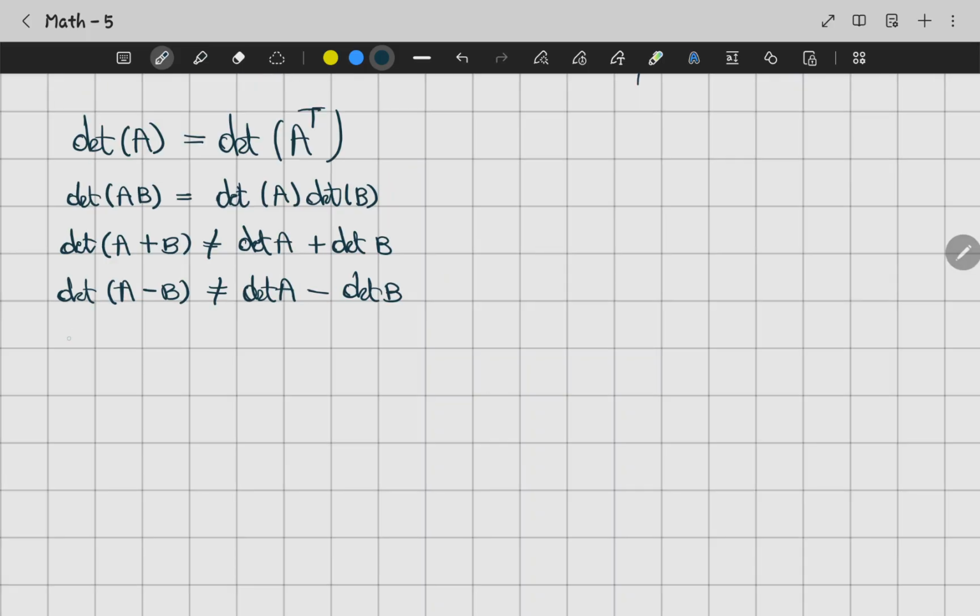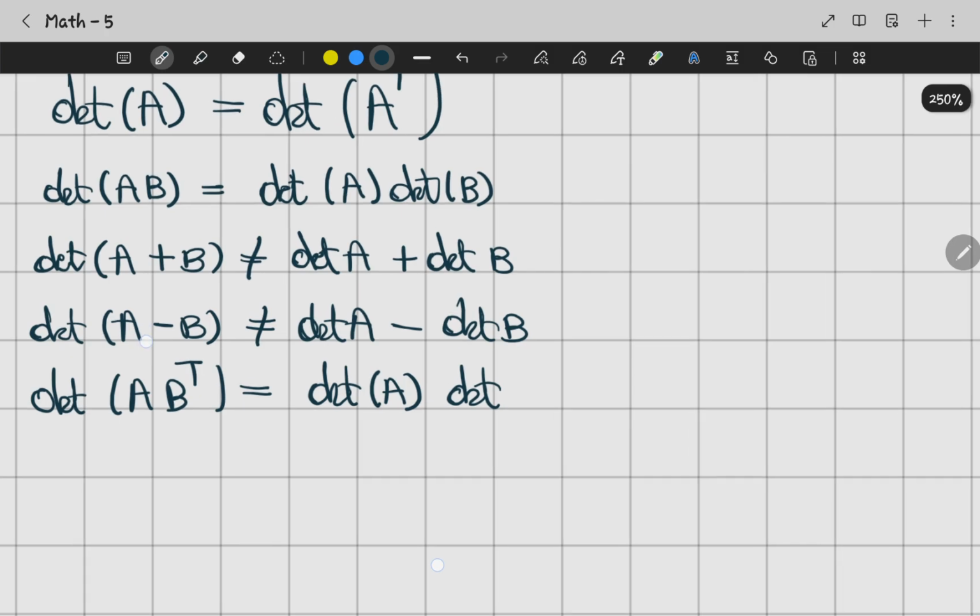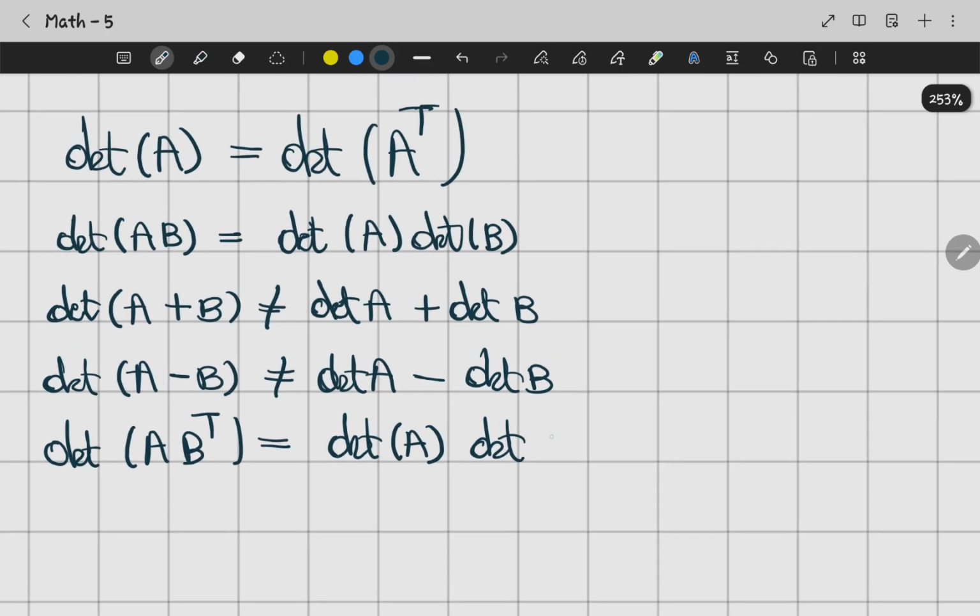Okay, and then let's see this formula. The determinant of A matrix times B transpose matrix is equal to the determinant of A times the determinant of B transpose.